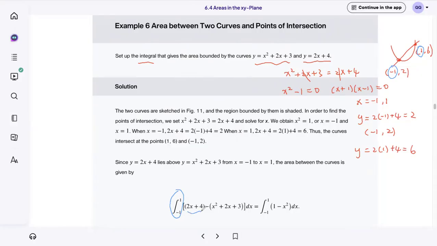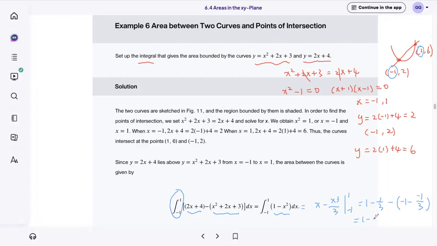So the line is f of x. The parabola is g of x. So we subtract this. Then we simplify, we get 1 minus x squared. Then we just anti-differentiate to get x minus x cubed divided by 3. We evaluate at these two values. At 1, we get 1 minus 1/3. Then minus, at -1, we get -1 minus -1/3.